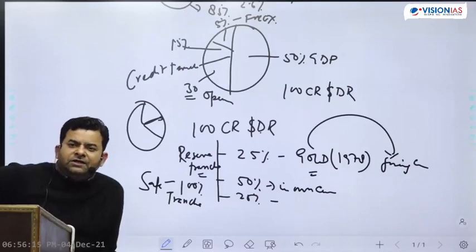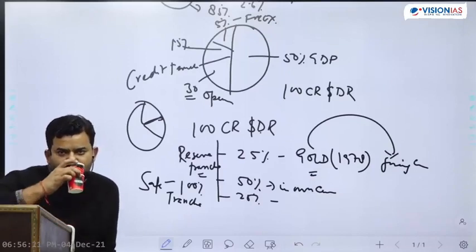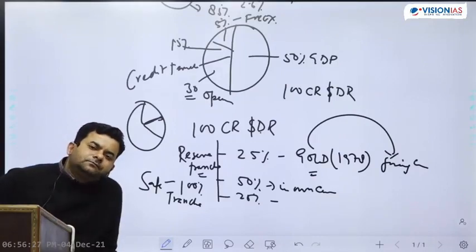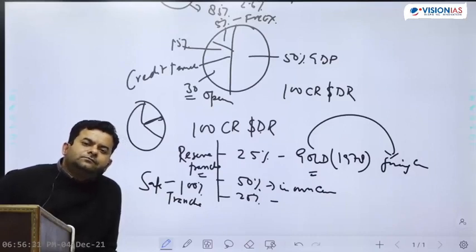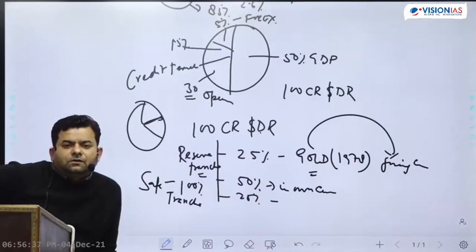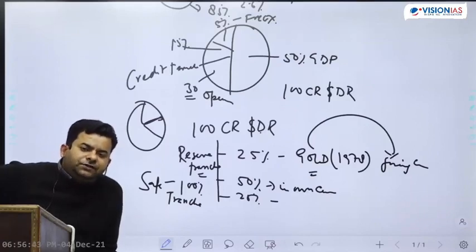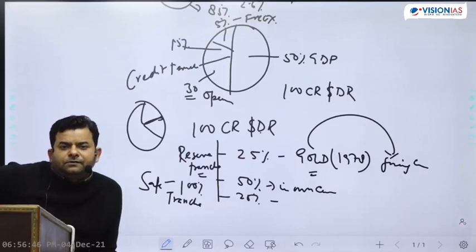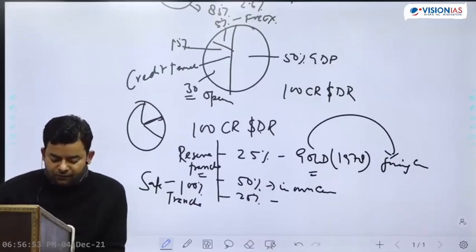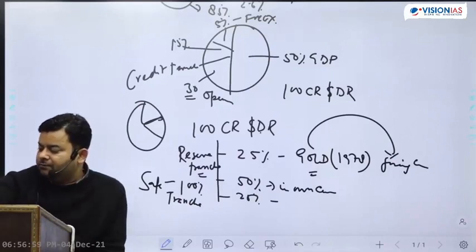A country can increase its reserve tranche either by increasing the quota or by providing affiliated loans to other countries who are in BOP crisis.